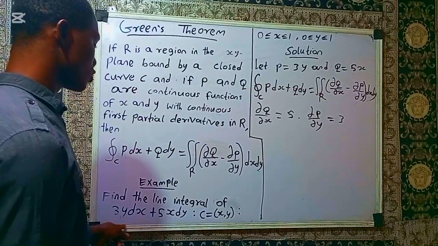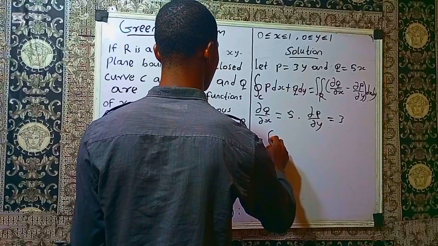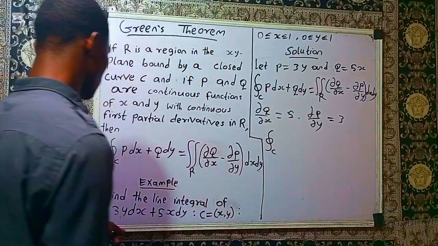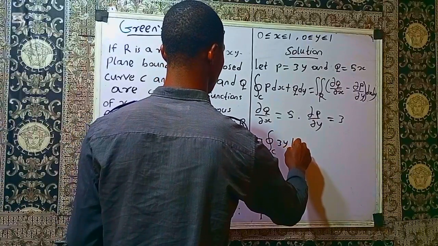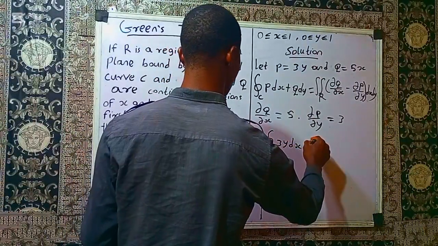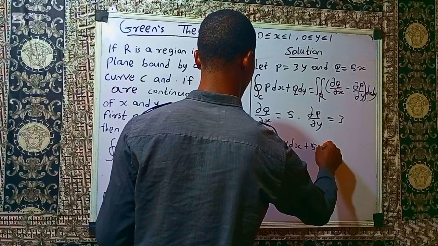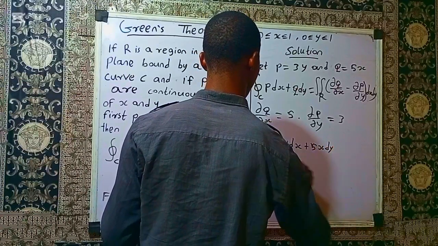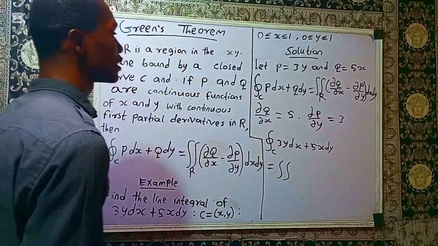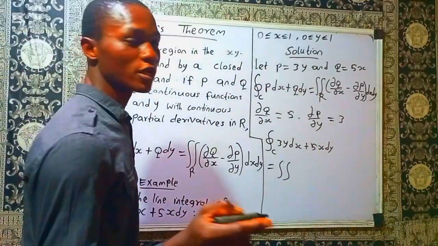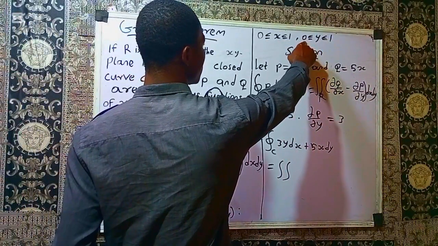So now by the help of Green's theorem, the integral over the closed curve C of 3y dx plus 5x dy will be equal to the double integral over region R. In our region R, x is lying between 0 and 1 and y is lying between 0 and 1.